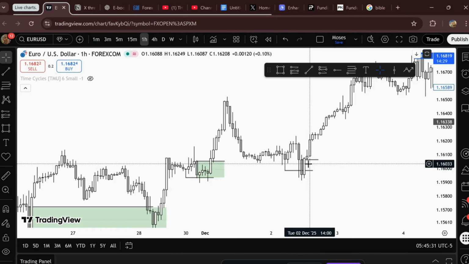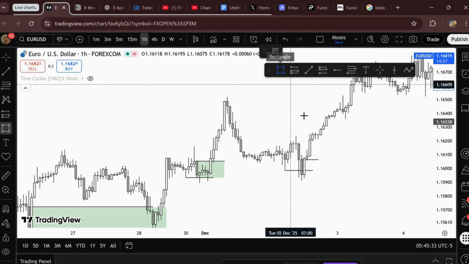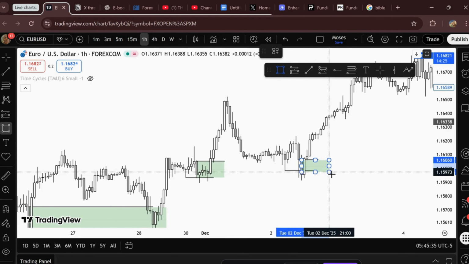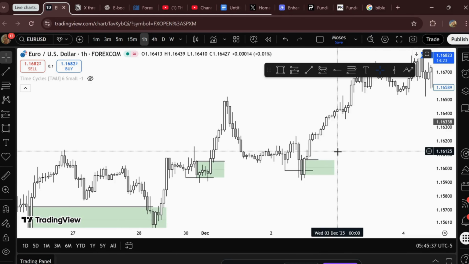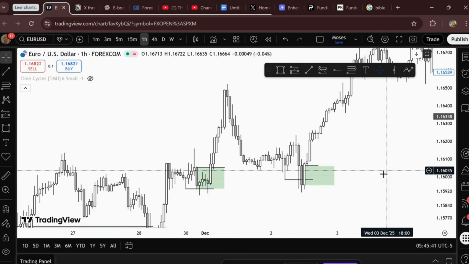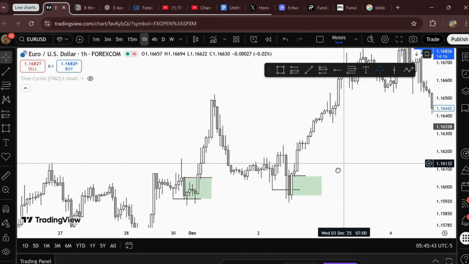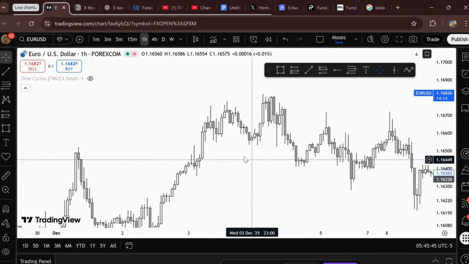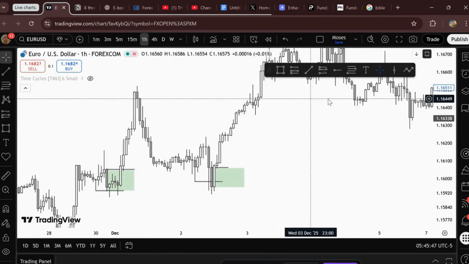And as soon as price retraced into it, we saw price move higher. I hope you're understanding what I'm saying. That is basically the technicality around bullish order blocks.